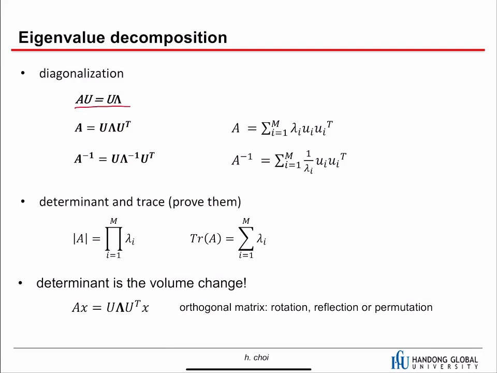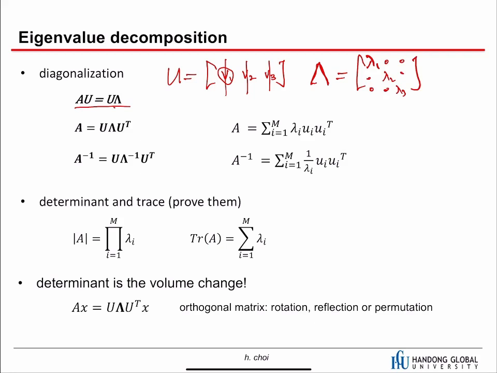So U is a matrix whose columns are eigenvector 1, eigenvector 2, and eigenvector 3, where each V is a vector. And lambda is a matrix where all the diagonal elements are the eigenvalues, lambda 1, lambda 2, and lambda 3, and the off-diagonal elements are zeros.